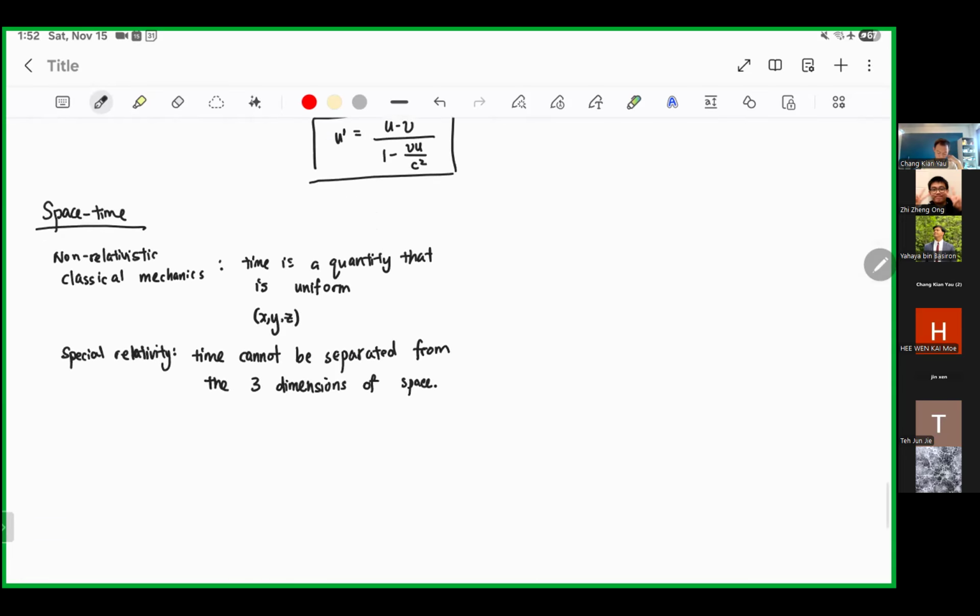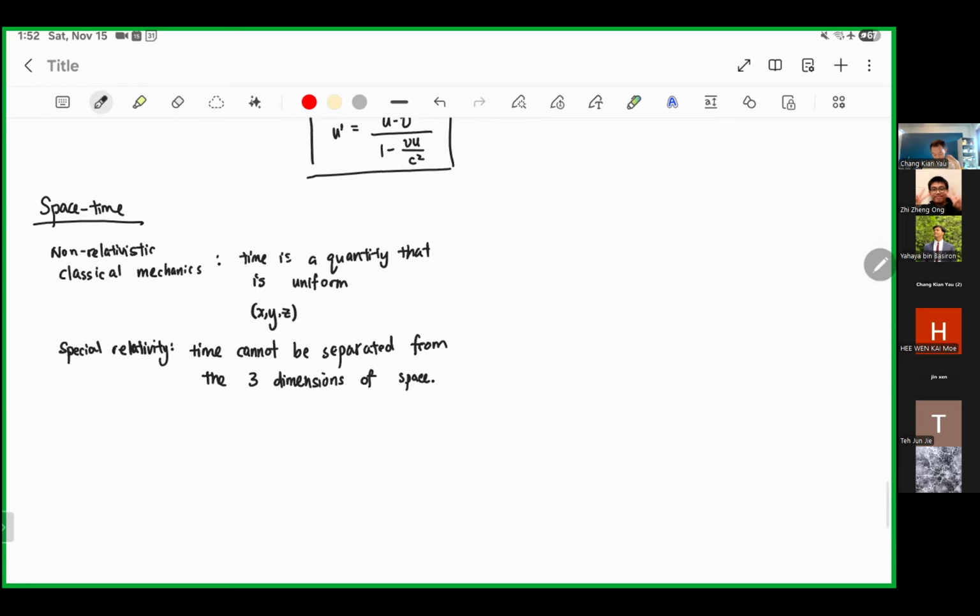So what this means is, in 3D we have, by the Pythagorean theorem, a distance which follows something like this. But then the Lorentz transformation would need another distance.